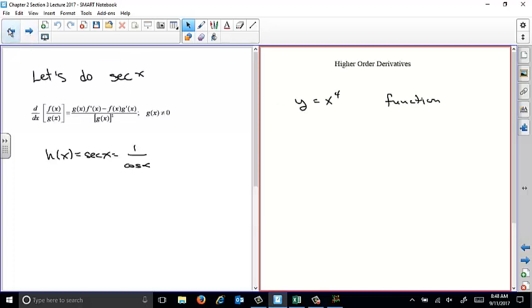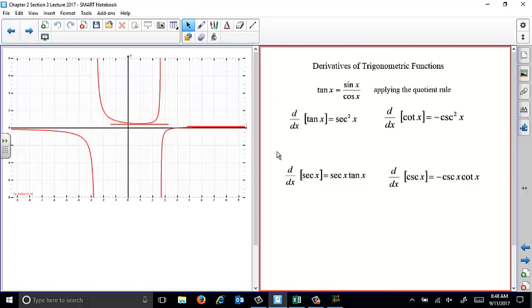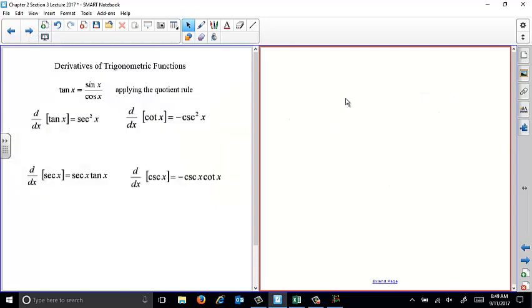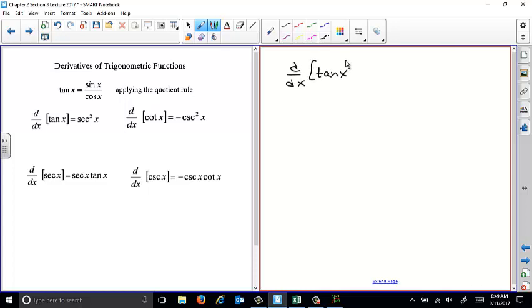We have the quotient rule. We can find the derivatives of the 4 other basic trig functions. So I'm gonna do one for you here. Actually, I'll do 2 for you. If you want to find the derivative with respect to x of the tangent of x, you use the trig identity, which says that the tangent is the sine divided by the cosine.